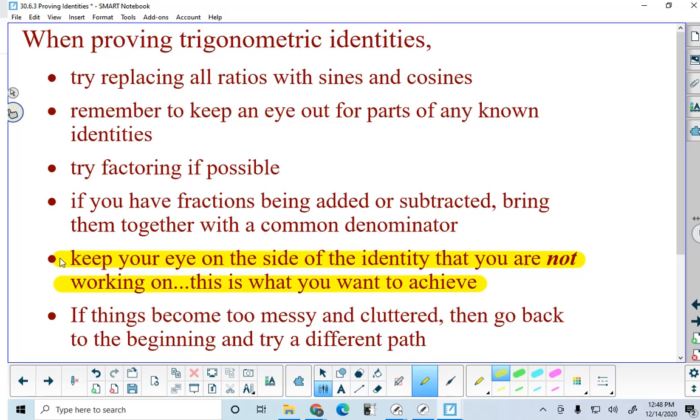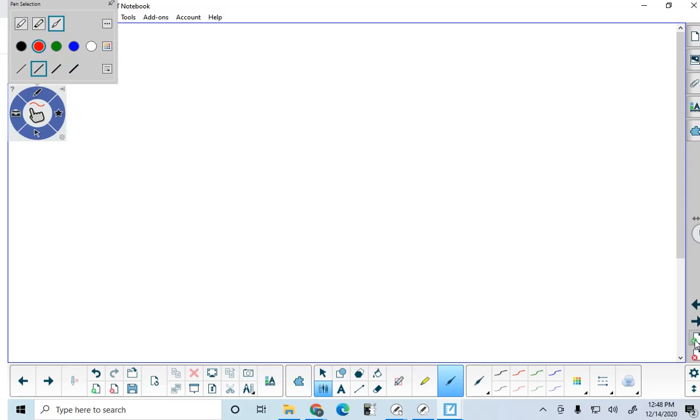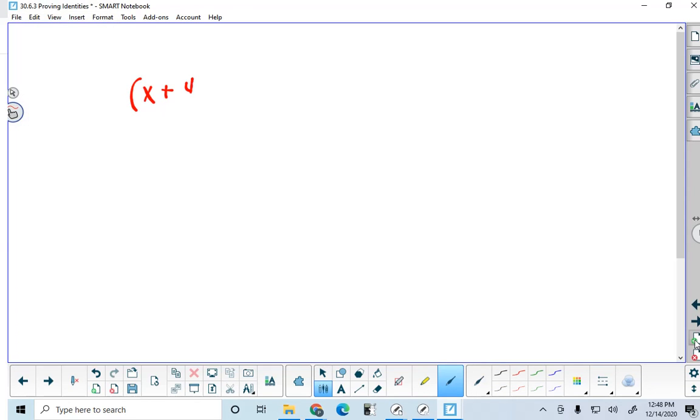Because, and we'll go over this formally in the lesson, when you are trying to prove an identity, you're trying to show that the left side and the right side happen to be equal to each other. I can't remember exactly what it was, but there was an identity when we first learned about identities that was something like (x + 4) squared plus 62 is equal to x squared plus 8x plus 78, I think.